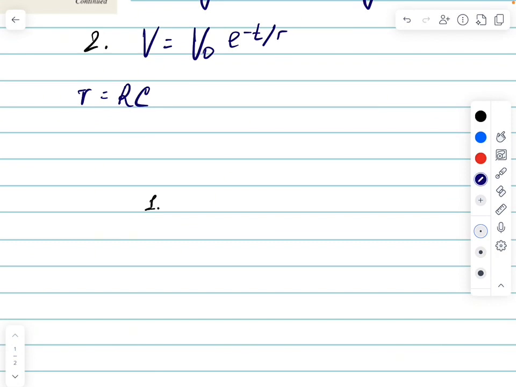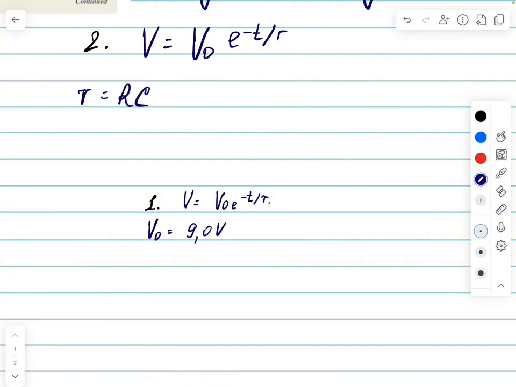First, for a discharging capacitor, the voltage is given by this formula. And here our V initial is 9 volts.